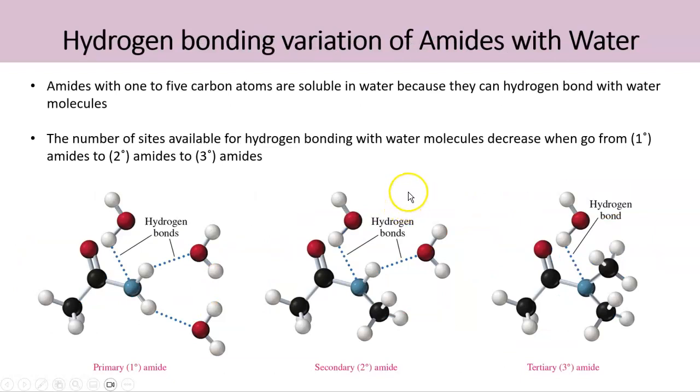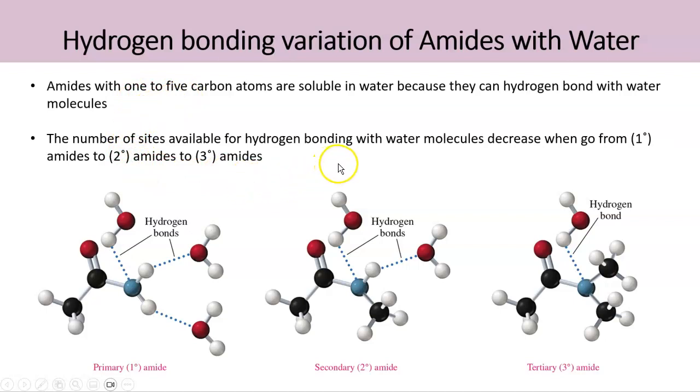Now, regarding the solubility in water, there is hydrogen bonding variation of amides with water as well. Amides with 1 to 5 carbon atoms are soluble in water because they can hydrogen bond with water molecules. Due to the size of the molecule, it's easier for them to make hydrogen bonds, and they will be soluble in water.